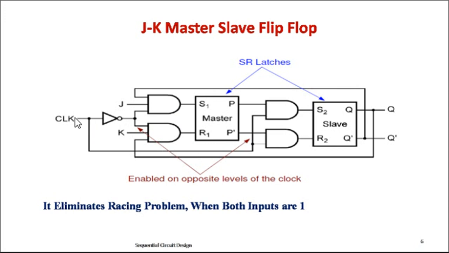Here, inverted clock means if it is 0, at that time due to the inversion it is 1, so it will be active and the other will be inactive, meaning only one part is active at a time. The truth table is the same.